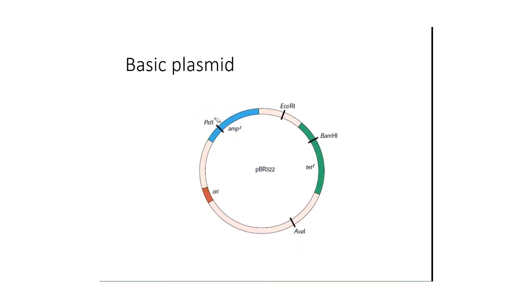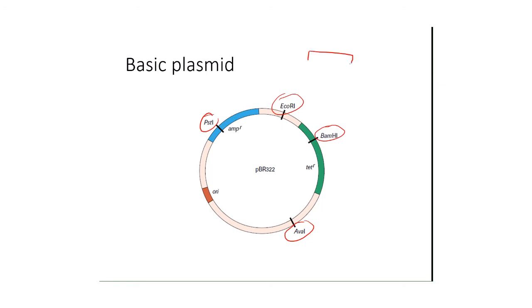So here is a typical plasmid. You can actually order plasmid from various companies now if you're doing an experiment. A plasmid would come with a bunch of restriction enzyme sites, and you want to choose a plasmid that contains the same site as the ones flanking your gene.